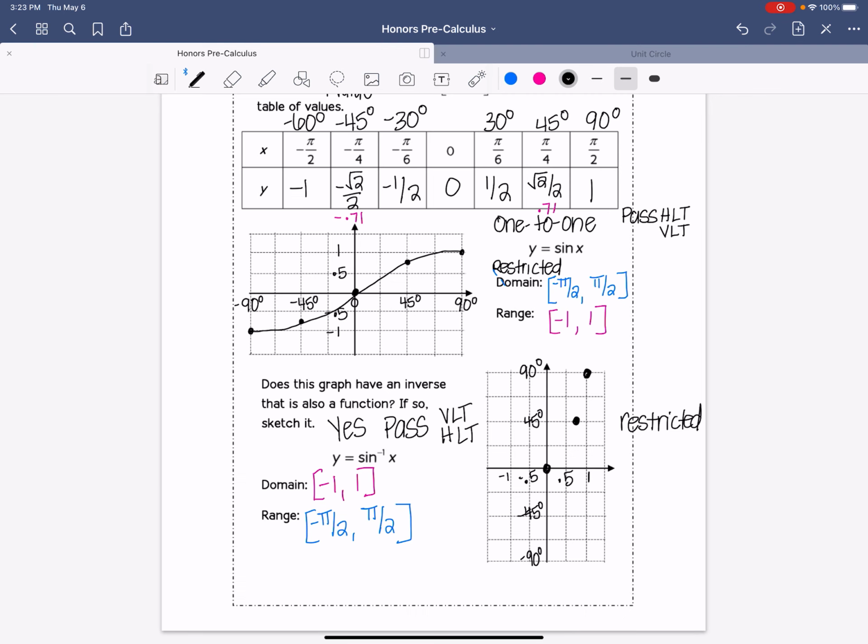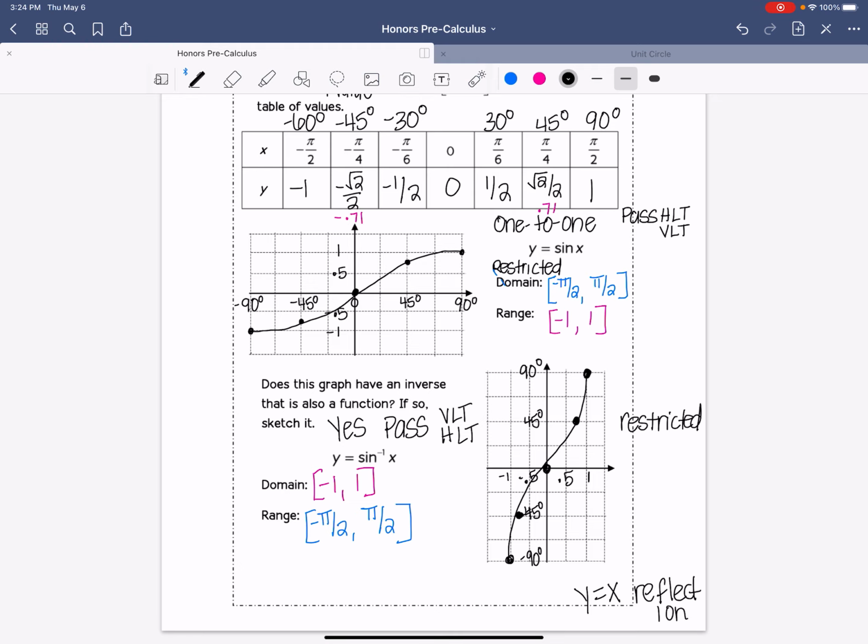Whoops, sorry guys. Then I'm going to go to negative 0.71 and 45, and then negative 1 and 90. You can see that that is the inverse of that function. If we put these on a graph together, they would still be inverses and still reflect over the line y equals x.